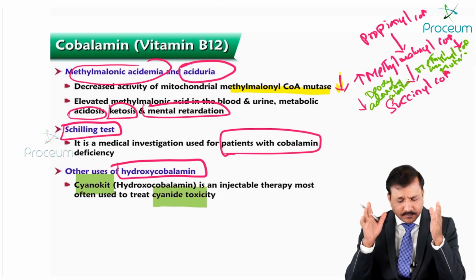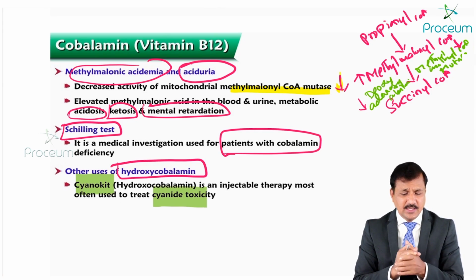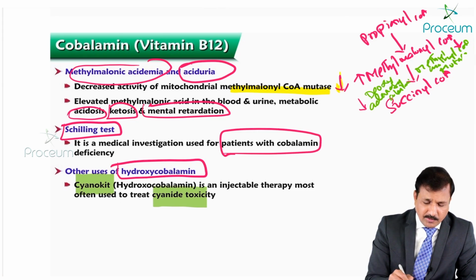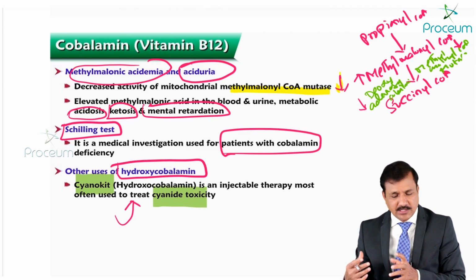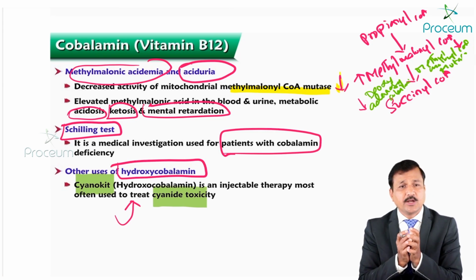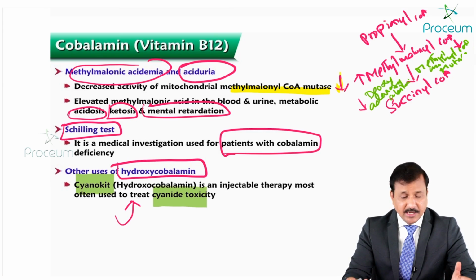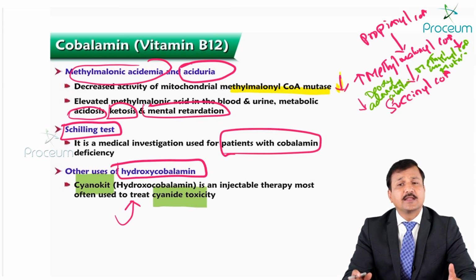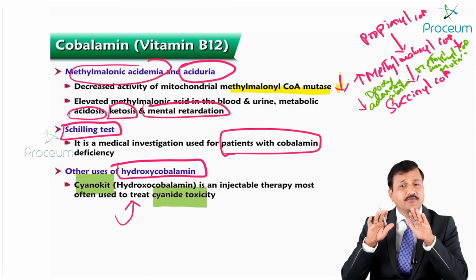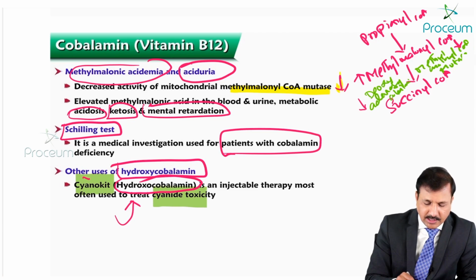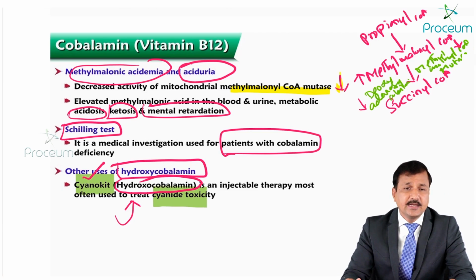So, in order to treat that kind of severe condition, hydroxycobalamin is used as Cyanokit, where this hydroxycobalamin is going to combine with cyanide coming from the cytochrome C oxidase and bind with that and become cyanocobalamin, and that cyanocobalamin is taken out of the system, thereby freeing cytochrome C oxidase and allowing the electron transport chain to run properly, and that's how cyanide toxicity is treated. So, make sure you remember hydroxycobalamin is part of the Cyanokit which is used in the treatment of cyanide toxicity.